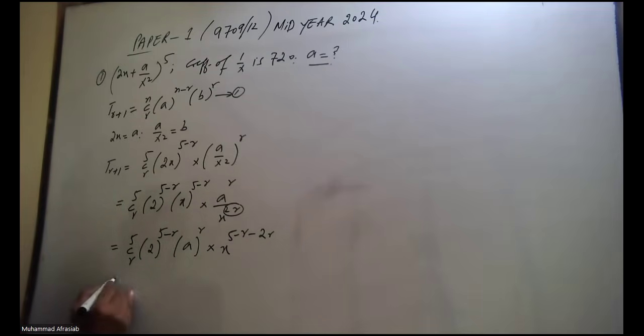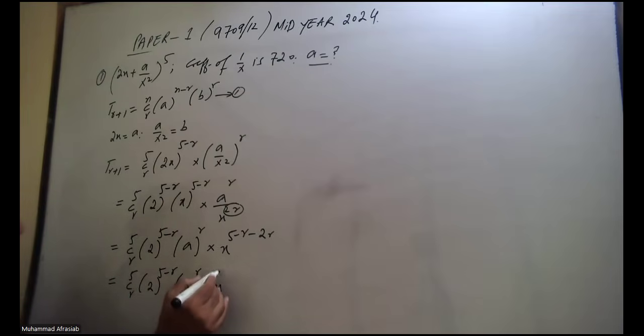This equals 5Cr 2 power 5 minus r into a power r into x power 5 minus 3r. Let's say that is the required coefficient of this binomial expansion.